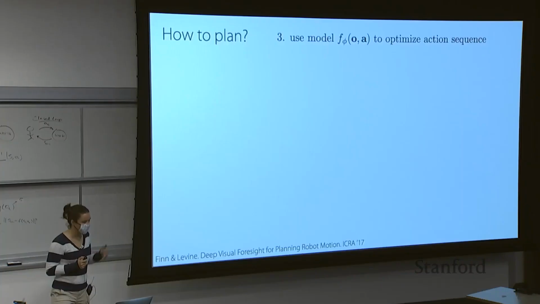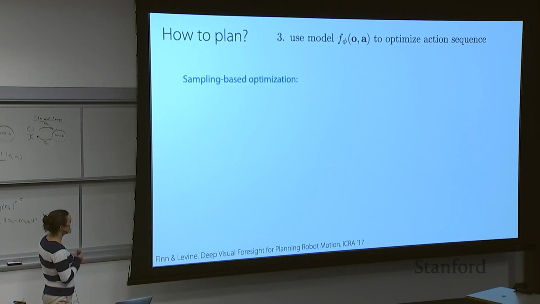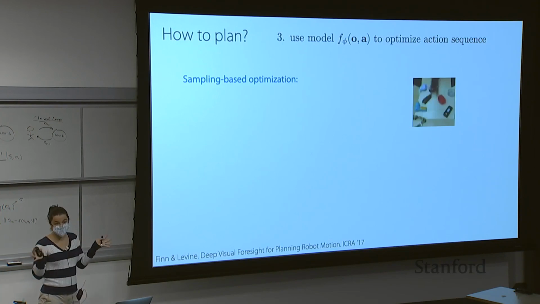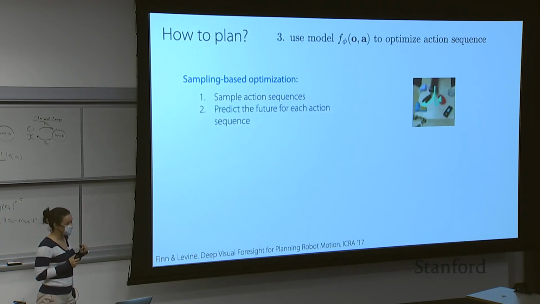I'll talk about how to plan, and then I'll talk about how to get rewards. For how to plan, we can do the same sort of sampling-based optimization that we talked about before. As an example, random shooting would look like sampling a bunch of different action sequences, such as these two actions, then predicting the future for those actions.